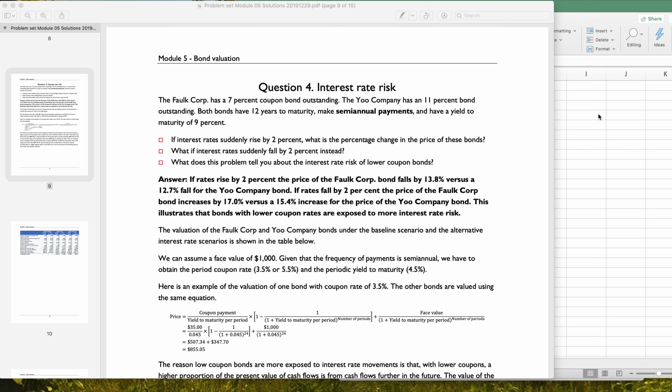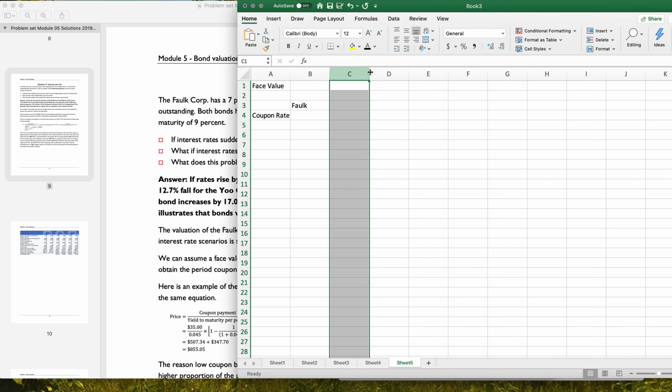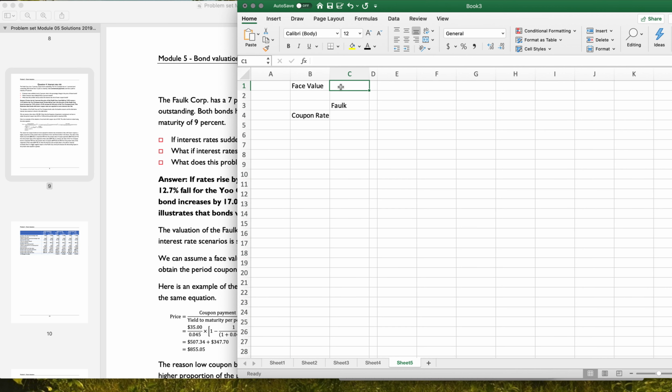Okay, so let's just do what we did before. Falk, let's do the coupon rate. I'm going to put the face value up here, and since I have done this multiple times tonight and picked a different face value, I'm going to pick $10,000. So if this is a $10,000 bond, what happens?